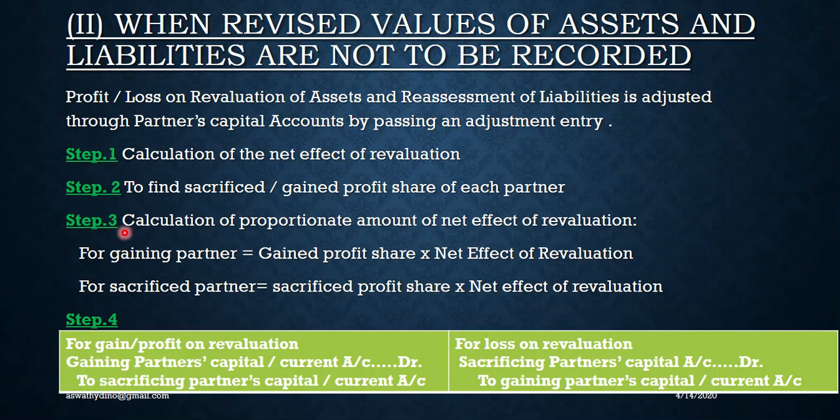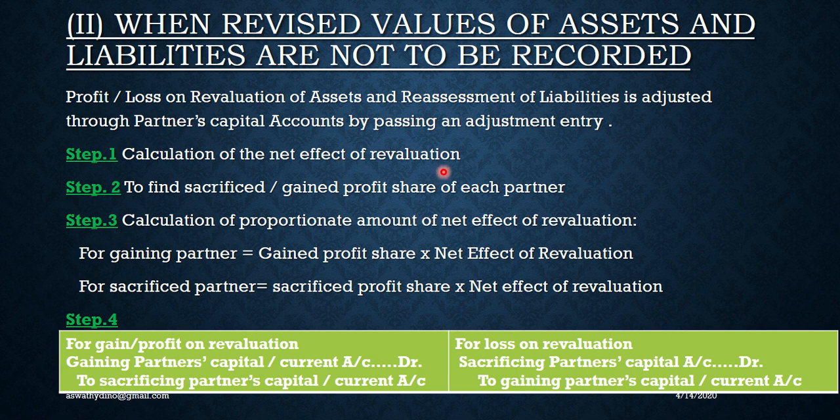Okay, now step 3, calculation of proportionate amount of net amount of revaluation. Net amount of revaluation we got in the first step. That one's proportionate amount you have to find out here. Say for example, one partner is gaining 1/6 share and another partner is sacrificing 1/6 share, and net effect of revaluation is 60,000.